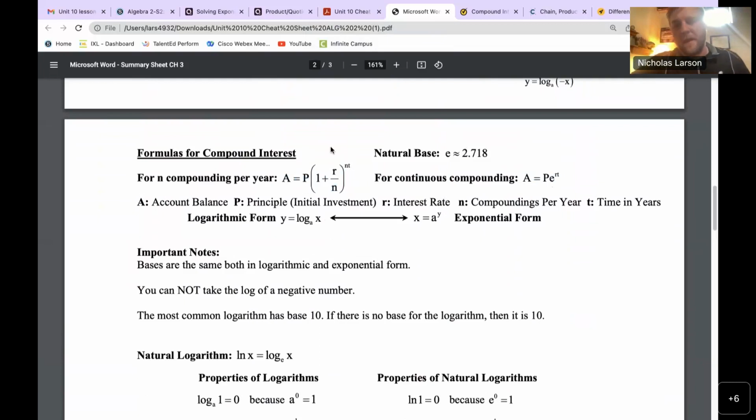It could be monthly, daily, or quarterly, so it's not continuous. And then here's our continuous formula. Really useful. I try to give these to you in the problems, but make sure you've got notes on how to do these, and you can use these formulas.